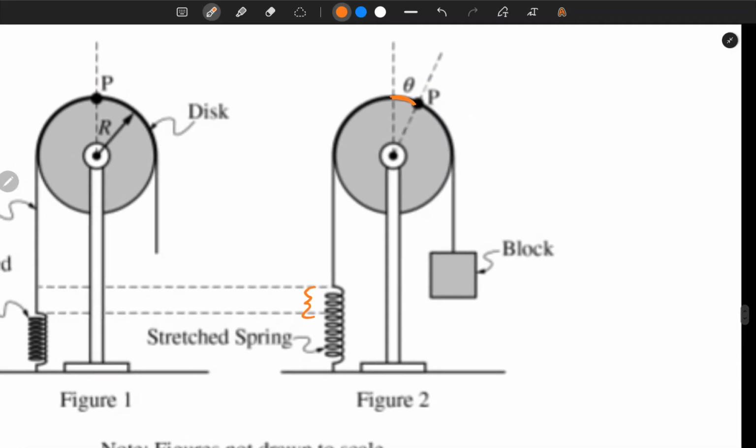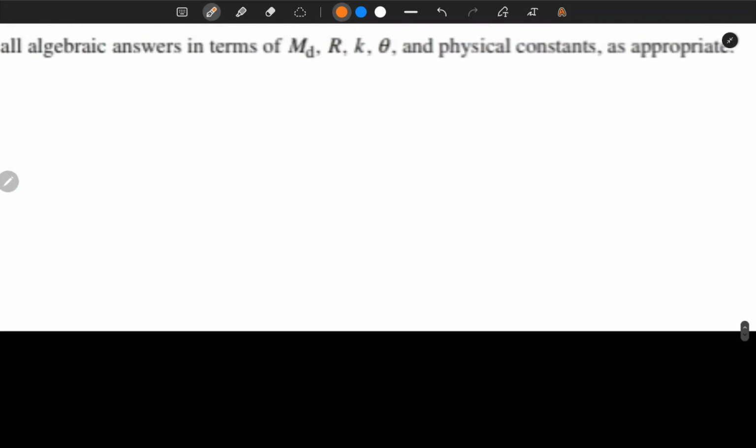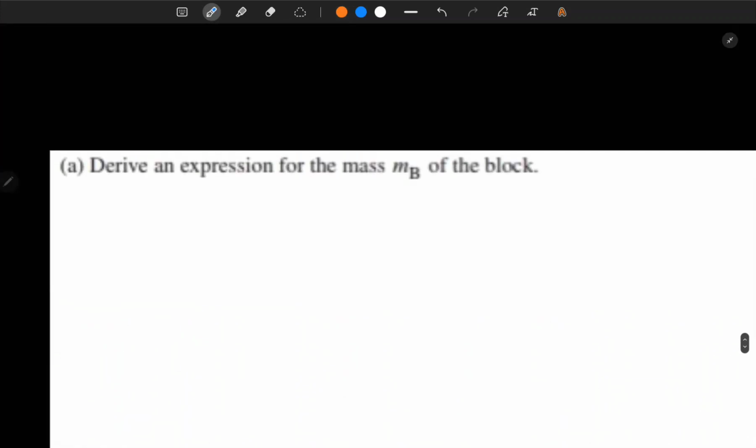Given theta and given r, it's easy to calculate this orange distance here. It's simply the arc length. So, to start, we say that the displacement of the spring, x_d, is equal to the arc length of theta, which is equal to r times theta.